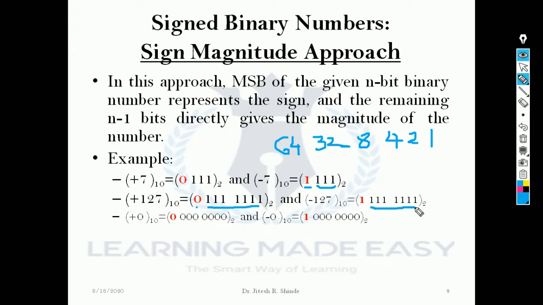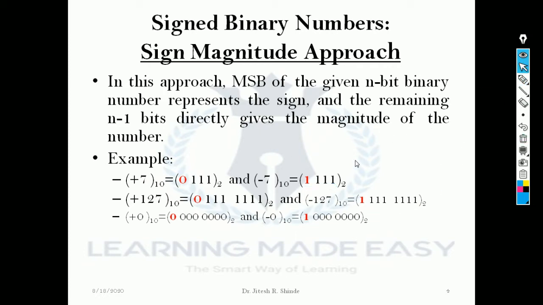The remaining bits represent the magnitude. The 127 magnitude in binary format can be obtained using the 64 32 16 8 4 2 1 code. All bits are involved in the addition, hence all bits have been placed as 1. Plus 0: here 0, and the remaining bits represent the magnitude. Minus 0: the number is negative, so 1 has been written here, and the remaining bits which represent the magnitude are 0.